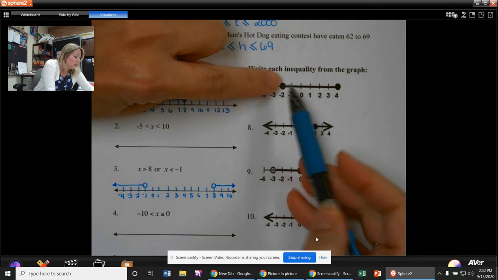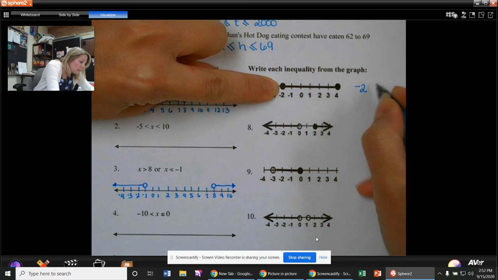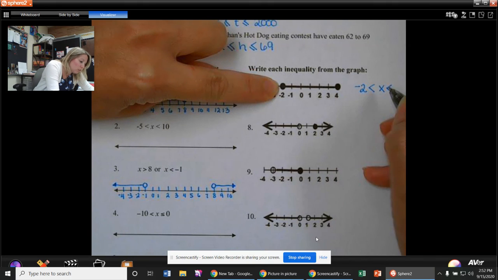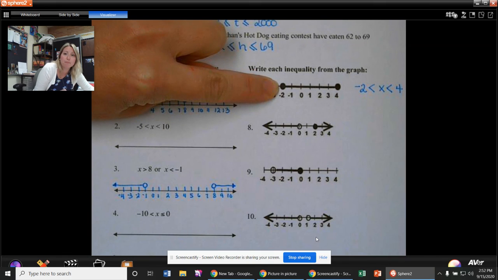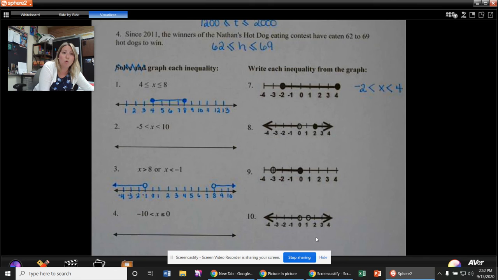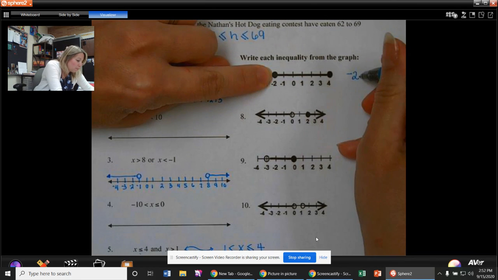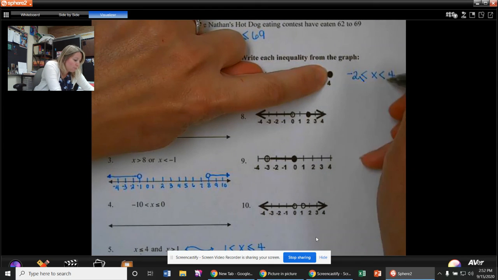You look for the smallest number, then a less than sandwich, then the largest number, the largest value, okay? Now, you decide if you put equals under your less than signs based on whether your circle is filled in or not. Filled in? Yep, put an equal sign. Filled in? Yep, put an equal sign.